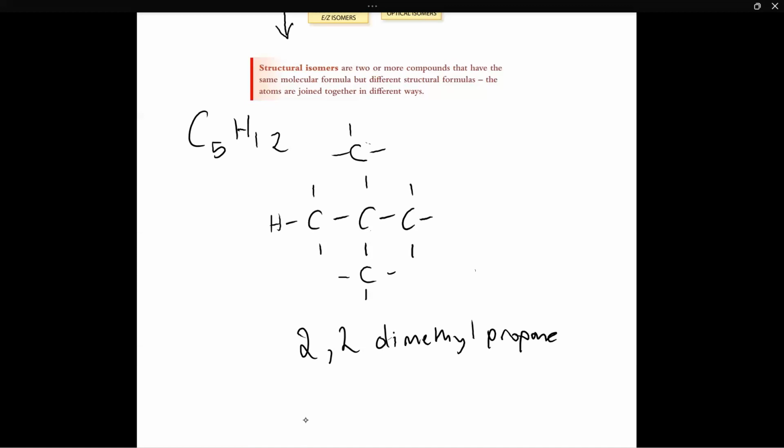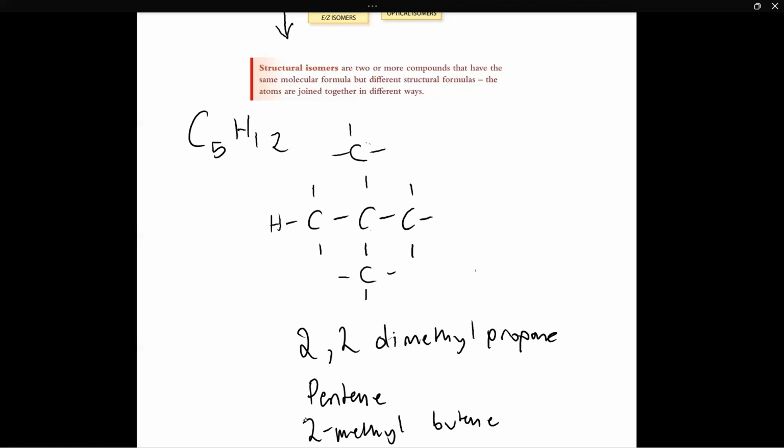And I've shown you three isomers so far. I have shown you pentane, which is the first one, the simple alkane. I showed you 2-methyl butane, and now I've shown you 2,2-dimethyl propane.